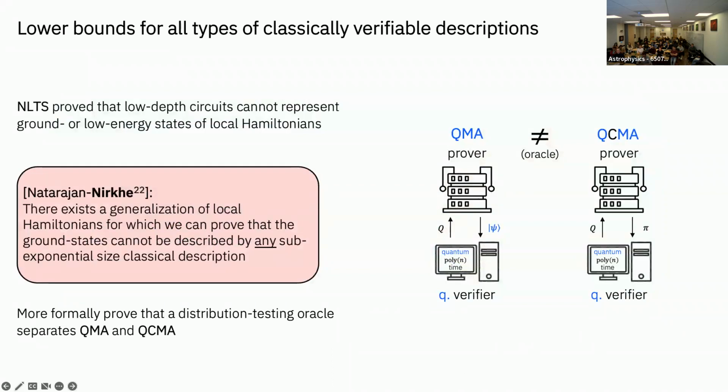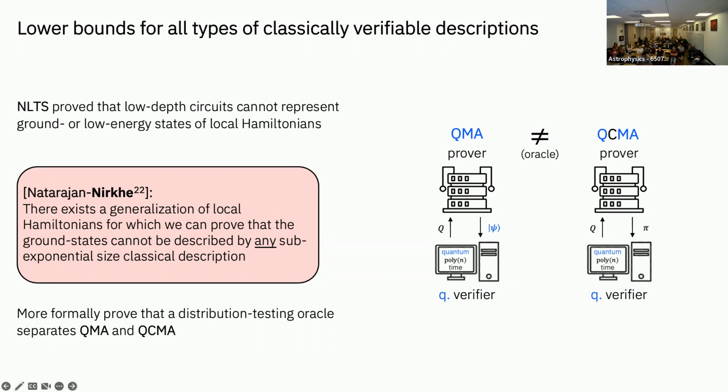Well, we couldn't make it exactly about ground states of local Hamiltonians. If we did that, then we would have done something truly surprising. What we can say is that there's a natural notion of a generalization of local Hamiltonians. You can take this problem where you want to prove something about local Hamiltonians, and massage it until you can prove lower bounds.